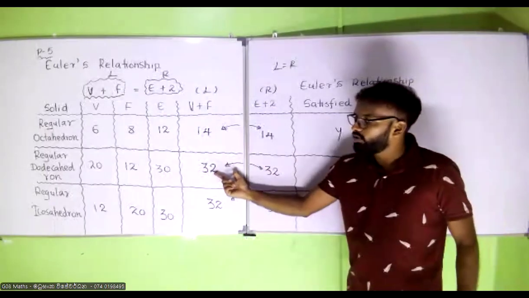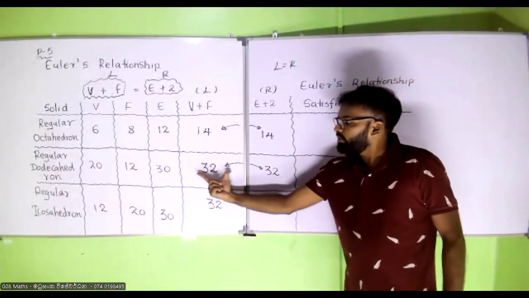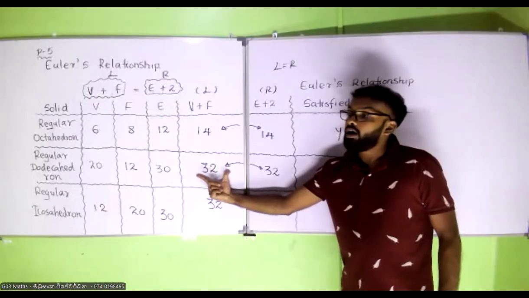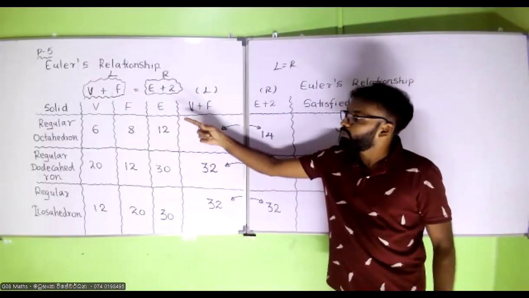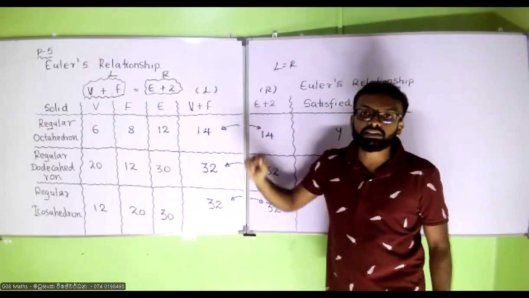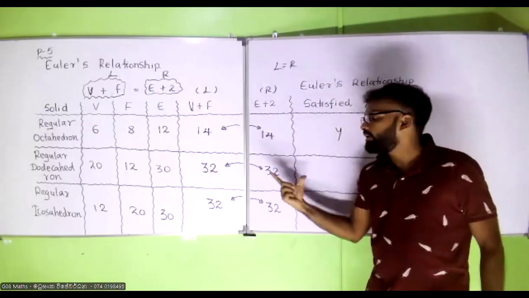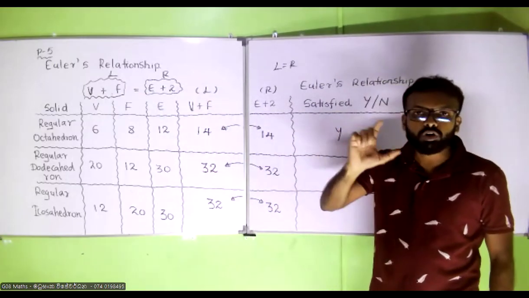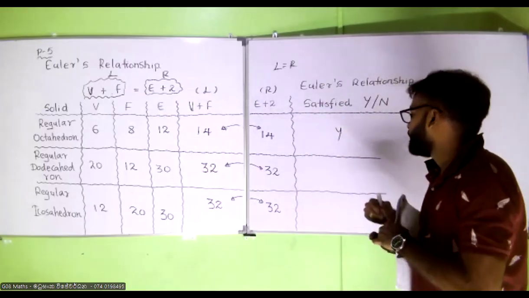When it comes to regular dodecahedron, V plus F, the left hand side, is 32, and the right hand side is again 32. So equal, satisfied. Yes.